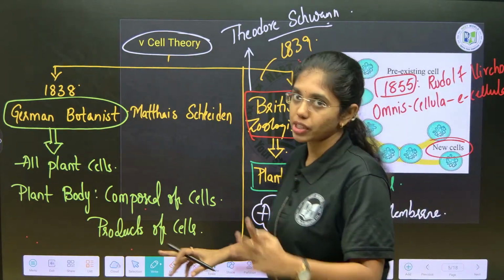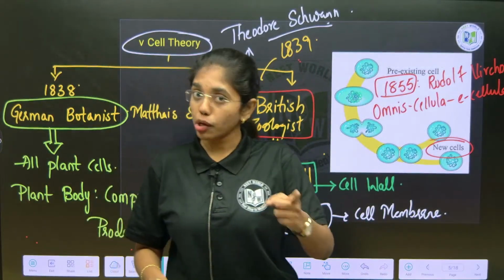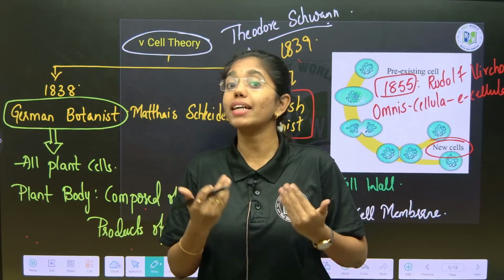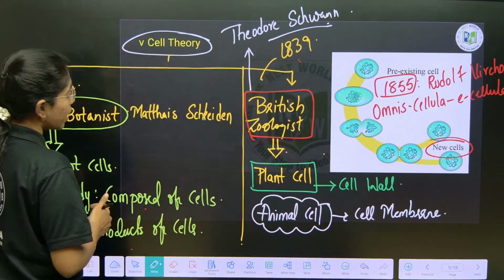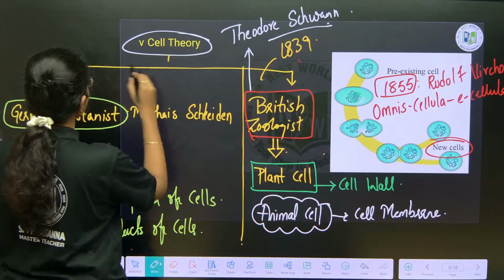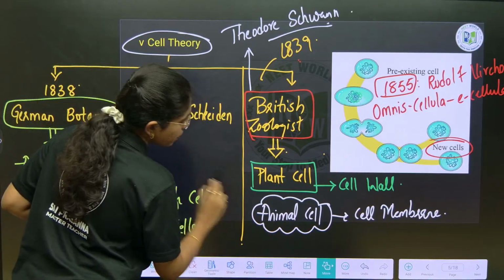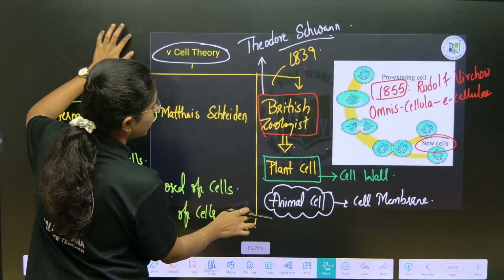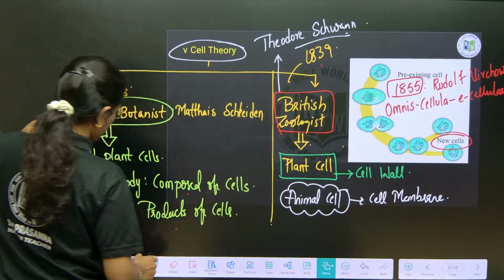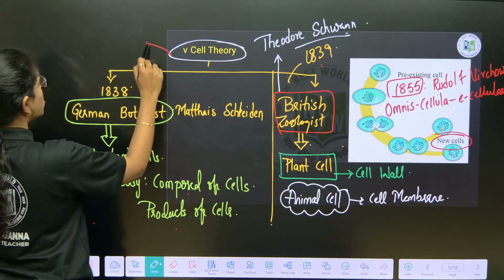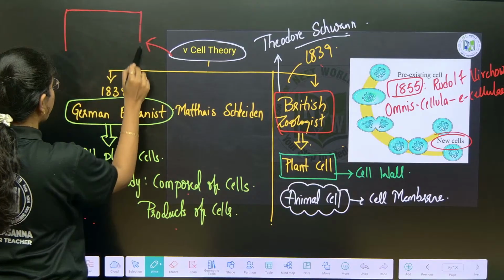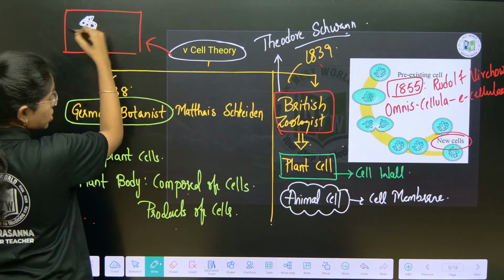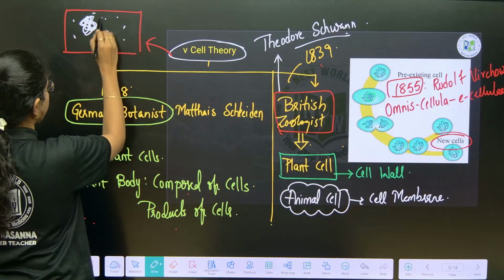Before knowing the exceptions of cell theory, you should be clear about what type of cells cell theory is applicable to. Cell theory is applicable to those cells which have a cell membrane, a single nucleus and cytoplasm.